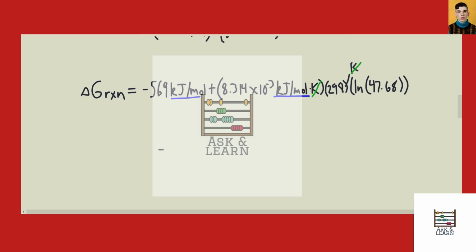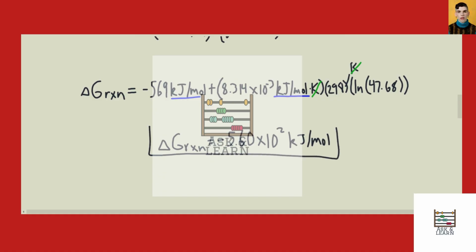When we plug that all in, we should get a final answer for delta G of reaction to come out to a value of negative 5.60 times 10 squared kilojoules per mole. And that should be our final answer for part C.